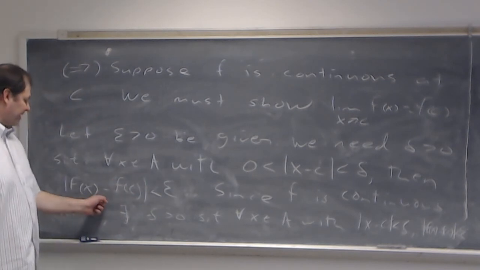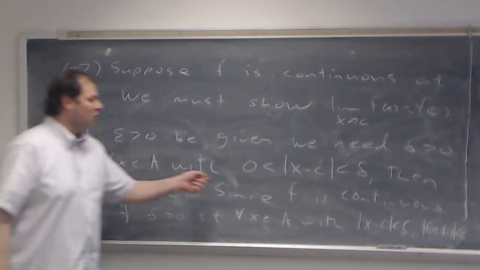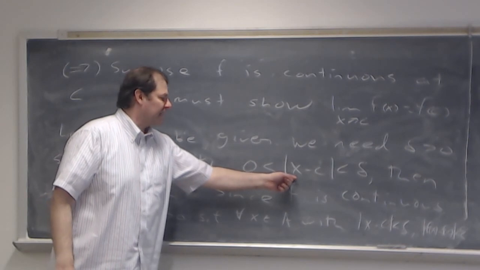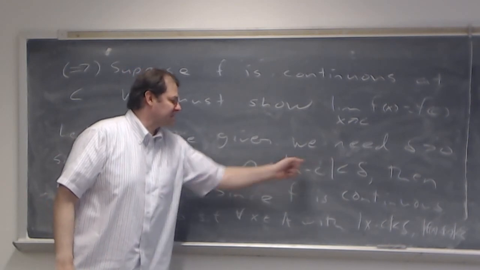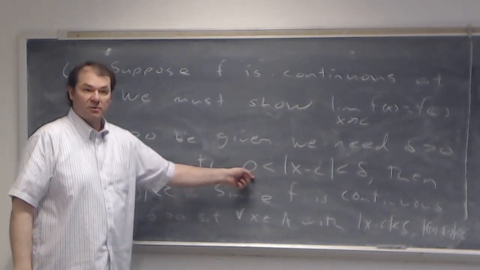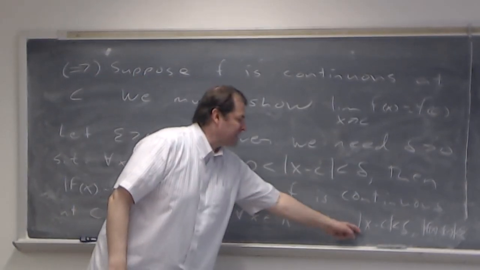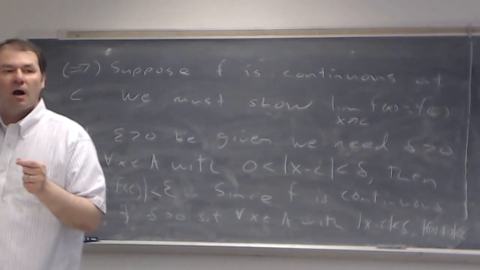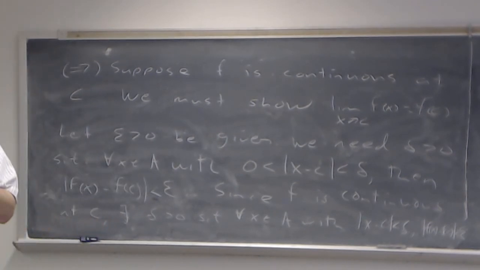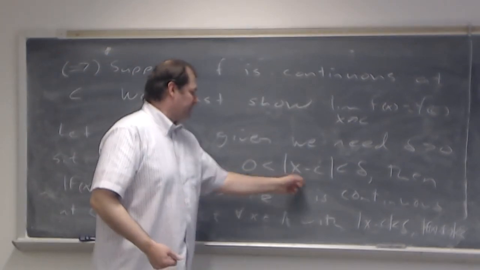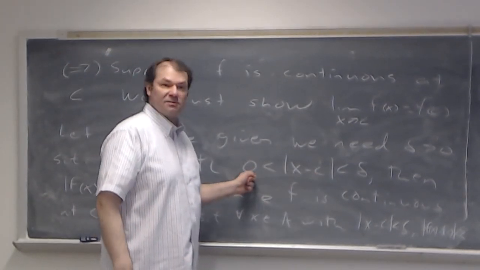I want f(x) minus f(c) to be less than epsilon, and I want it to happen for all x's in A such that the absolute value of x minus c is less than delta and bigger than 0. What I'm getting is what I want, but I'm getting it for all x's in A such that x minus c is less than delta. I don't have the requirement that the absolute value of x minus c has to be bigger than 0.